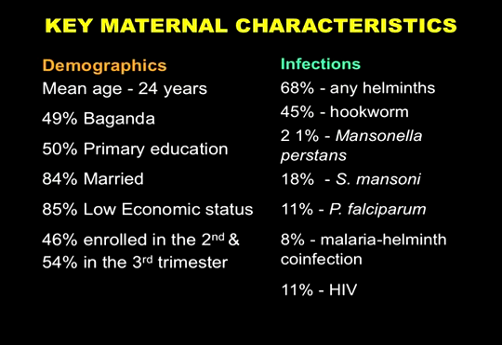The commonest infection was hookworm infection. 21% had Mansonella perstans, 18% had Schistosoma mansoni, and 11% had asymptomatic malaria. We looked at asymptomatic malaria from peripheral blood samples. 8% then had a co-infection with malaria and any of the other worms. And in addition, 11% had HIV.